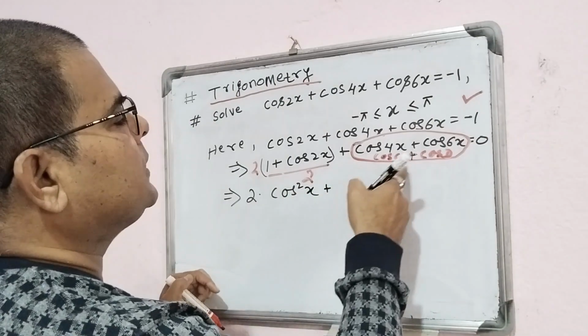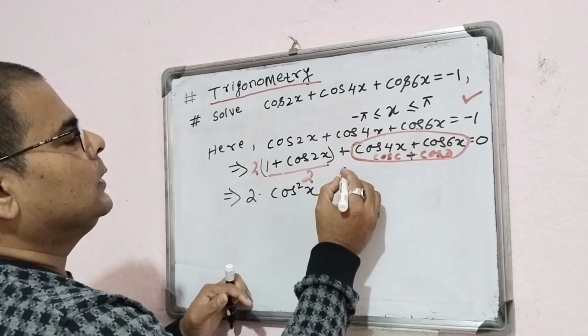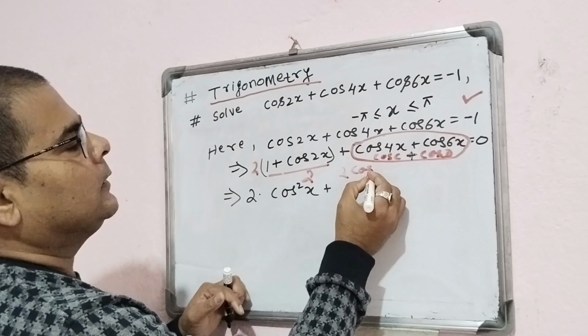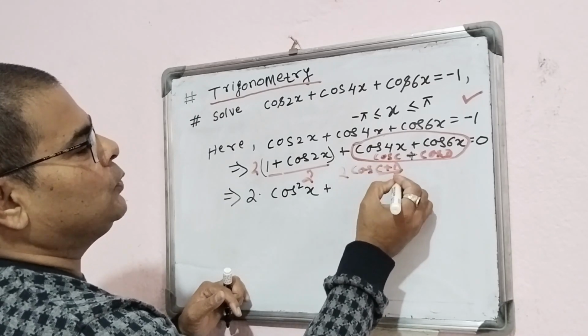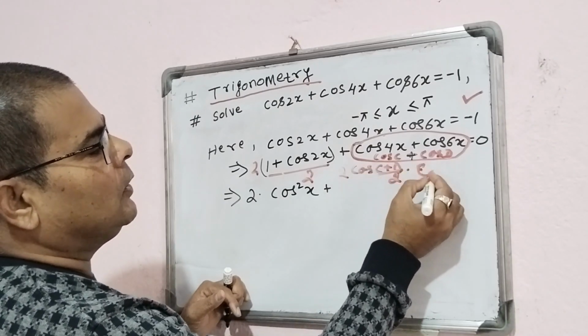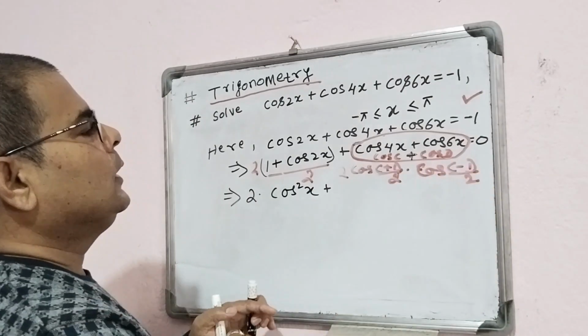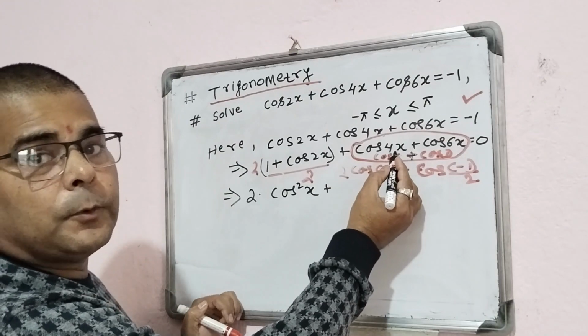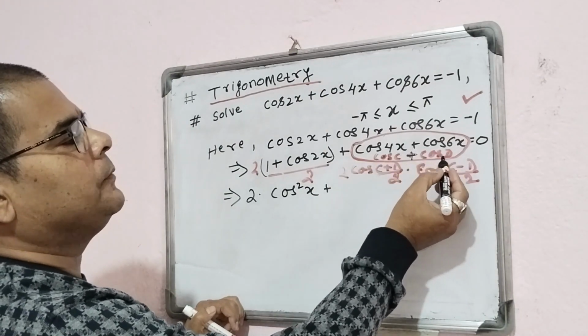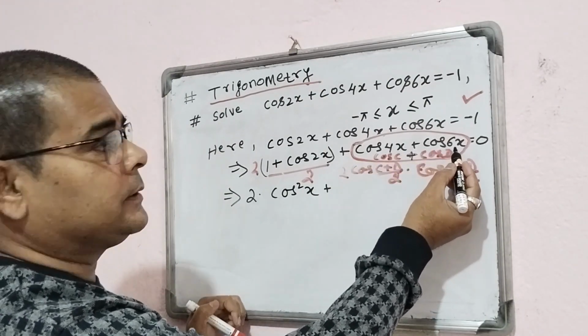And now you know the cos c plus cos d formula as 2 cos of (c plus d) by 2 times cos of (c minus d) by 2. So here in place of c you can see this is 4x, and in place of d it is 6x.